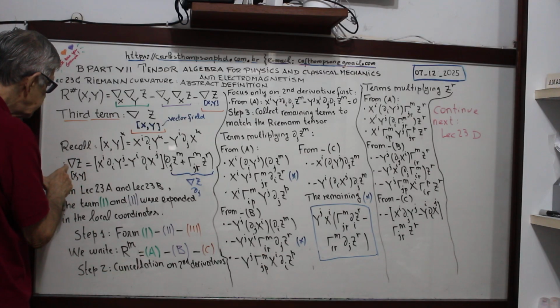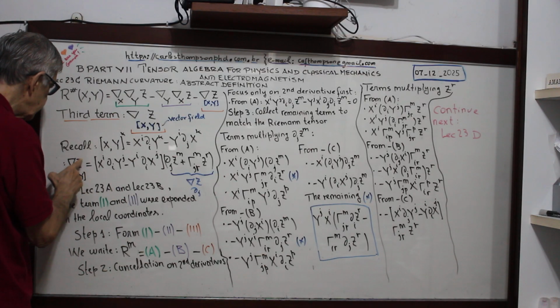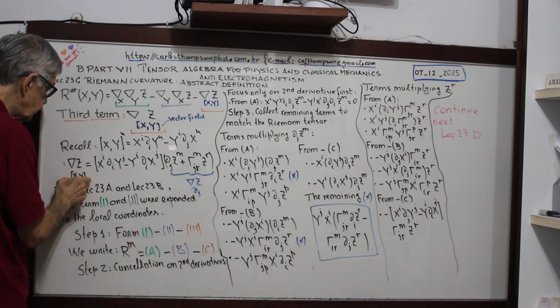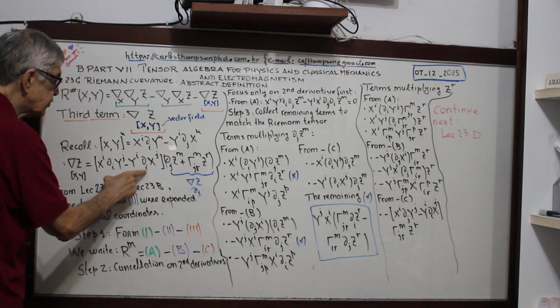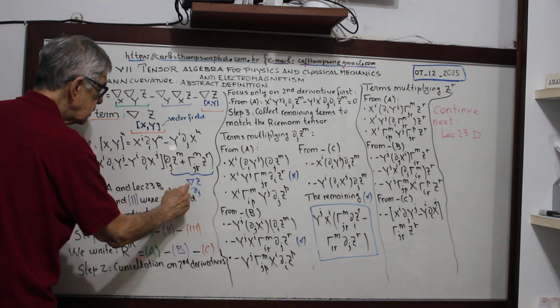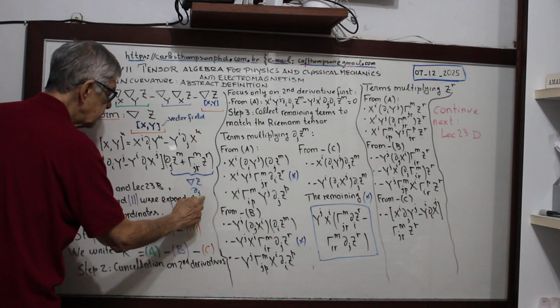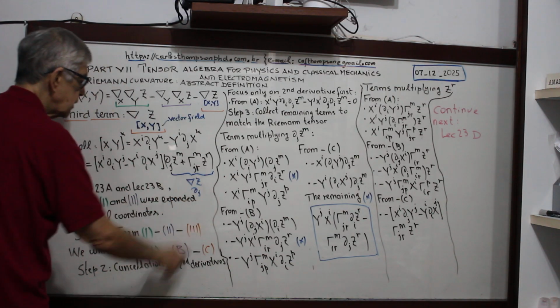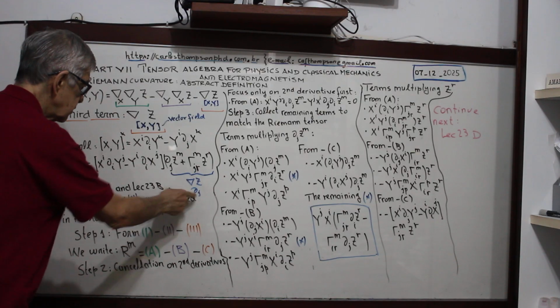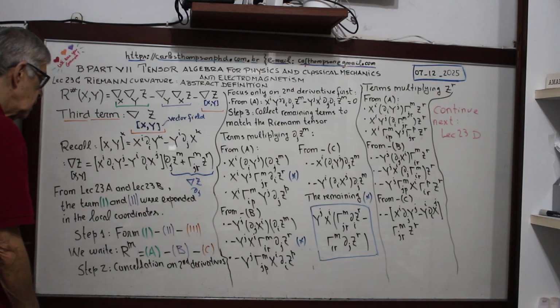So in this case, the covariant derivative of z with respect to the Lie bracket is just this here. Remember that this blue one is the covariant derivative of z with respect to the basis xj, you see, partial xj.